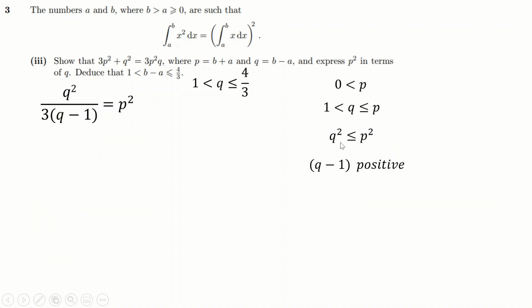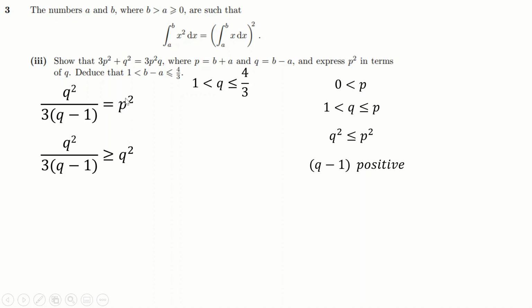Here are all the things that I've just talked about. And now I'm going to finish up this question. p squared is bigger than q squared, and it's currently equal to all of this. However, if I replace that p squared with a q squared, I've made this side of the equation smaller, right? Because p squared is bigger.